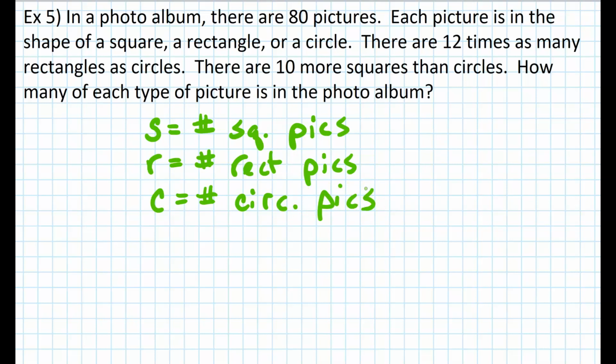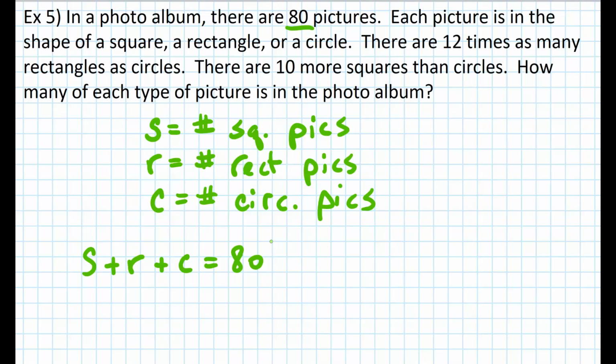3. Okay, so coming into the text, I notice there's a total of 80 pictures. What kind of equation can we create from that? S plus R plus C equals 80. All right, 1 equation down, 2 to go. What else do we see? 12 and 10.